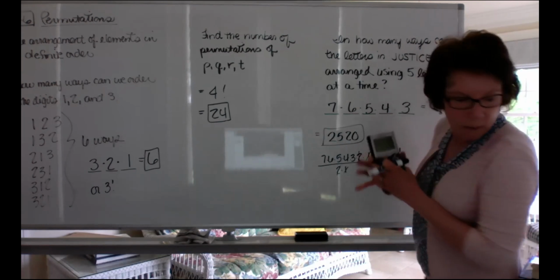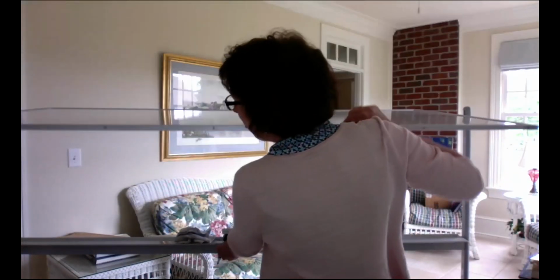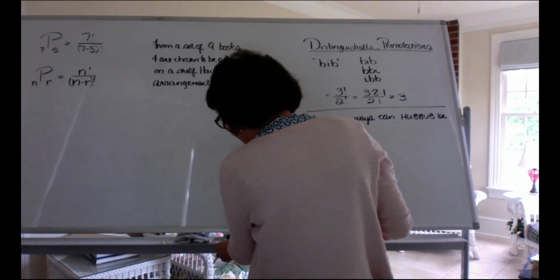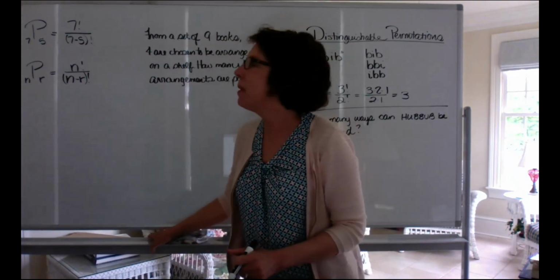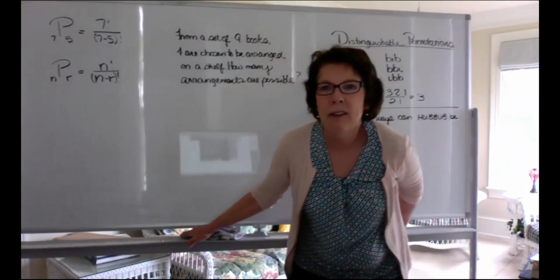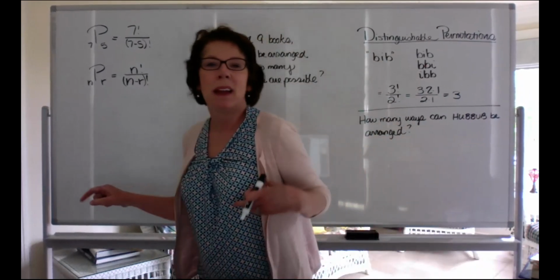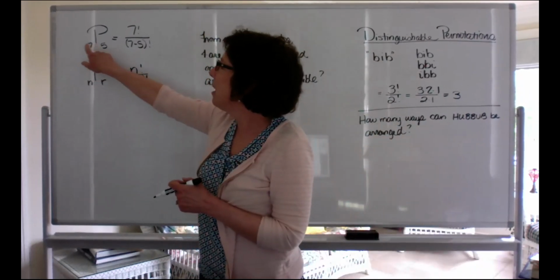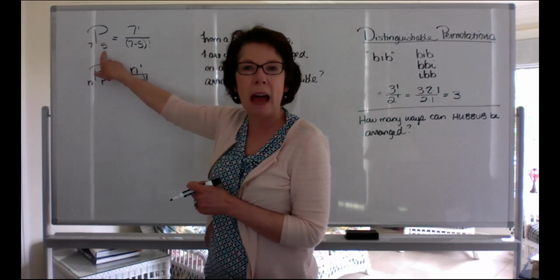Now, we can formulate a general formula for permutation from that idea. So let's look over here. Okay, in the previous problem, we had a permutation of 7 letters. We are only choosing to arrange 5 of them.